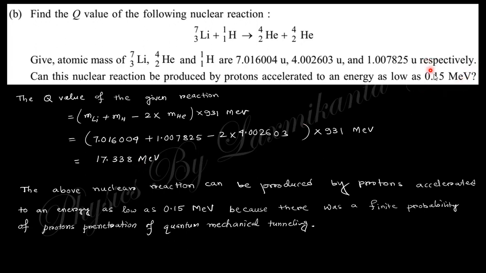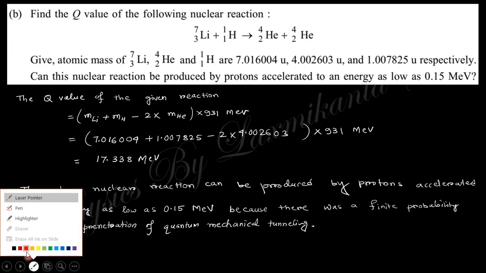Is there a possibility to make this reaction with this amount of energy, 0.15 MeV? Yes, this can be possible because of quantum mechanical tunneling, right? You know the barrier of the nucleus is higher than the energy of the alpha particle ejected from the nucleus. How is this possible? This is possible due to quantum mechanical tunneling.